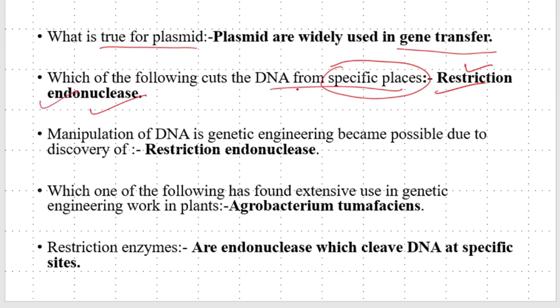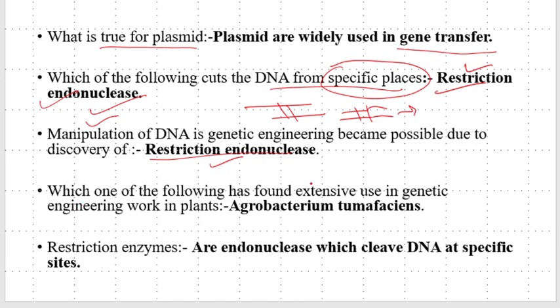Then the manipulation of DNA in genetic engineering becomes possible. Manipulation means you can alter the DNA: cut here, join again, add over here and make something else, with the help of restriction endonuclease. If these restriction enzymes had not been discovered, it would not be possible.